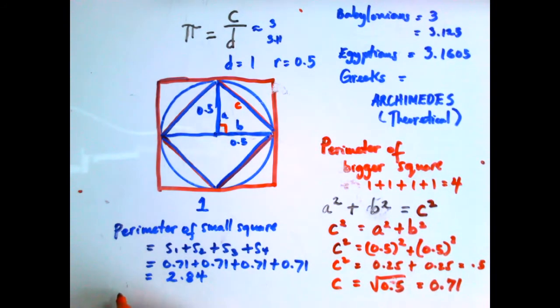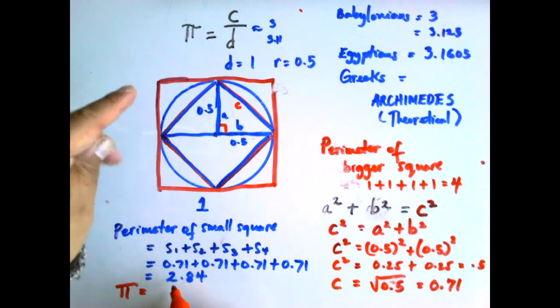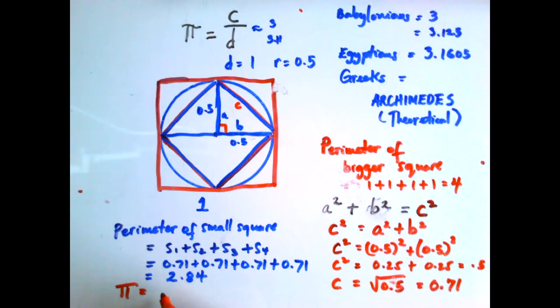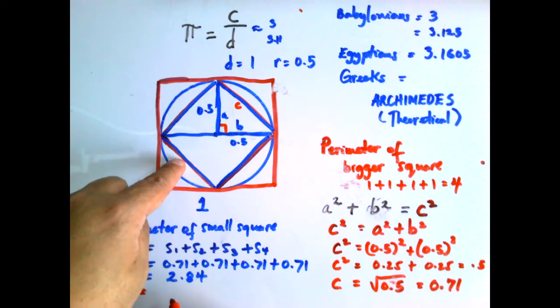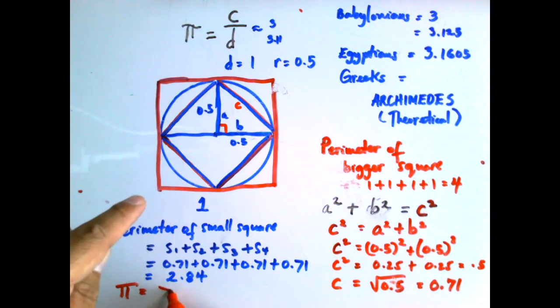And so pi for Archimedes should be bigger than the perimeter of the smaller square.